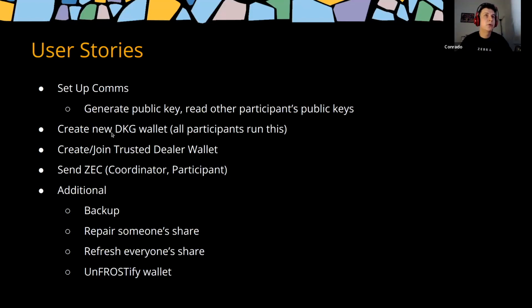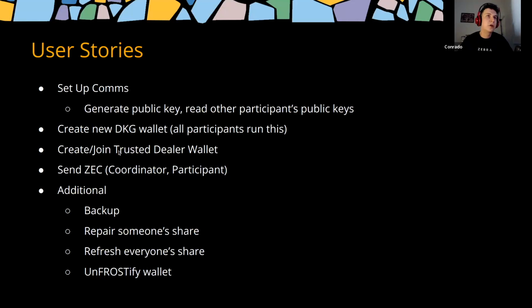And then create a new DKG wallet. Each participant will, in their wallet menu, create a new DKG wallet. They will choose the other participants and run the DKG protocol, and they will get a new account, which will be a FROST account.